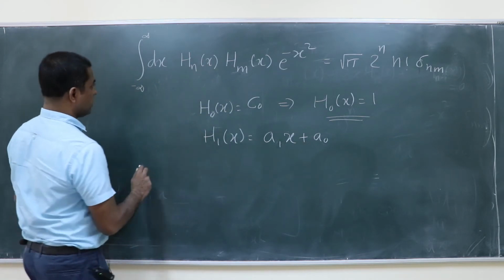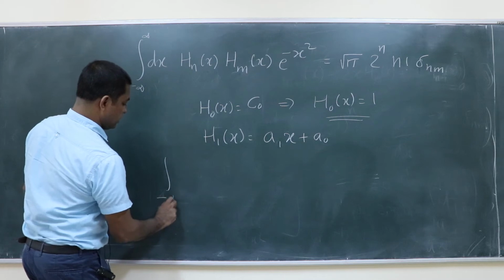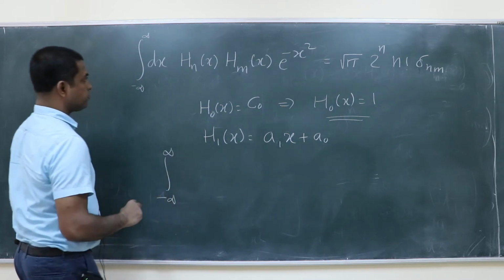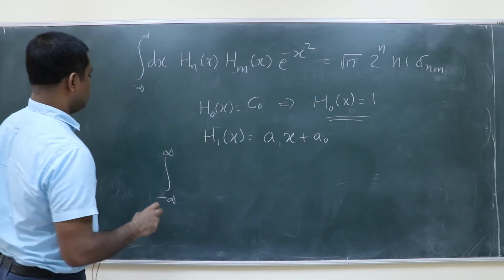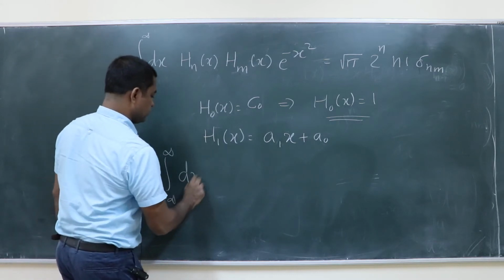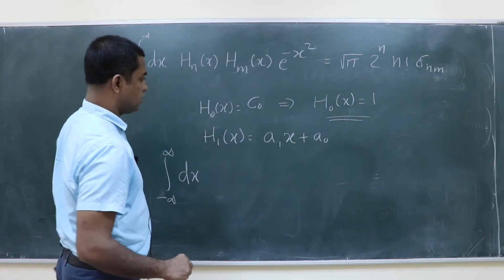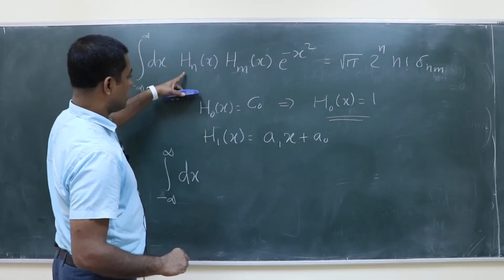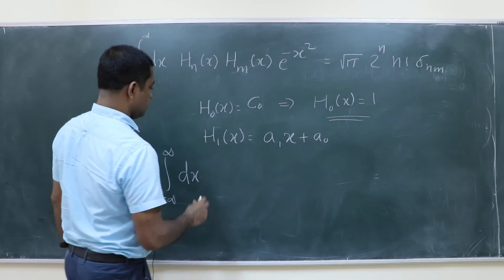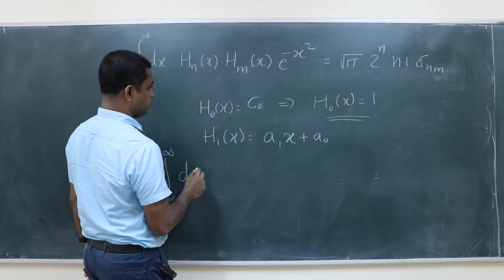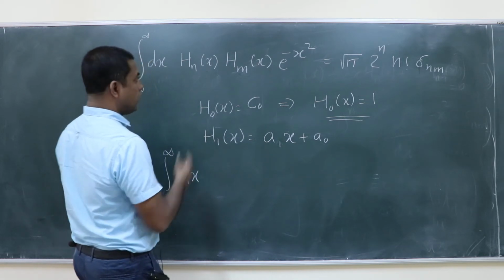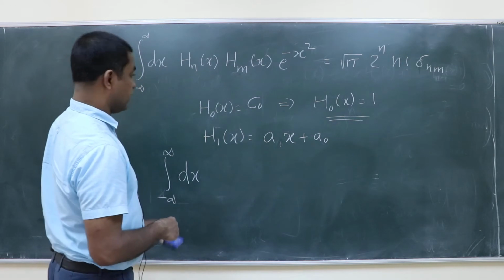So what you are going to get is the integral from minus infinity to infinity dx, basically the square of this, right? Let us do the first orthogonality. Okay, that is better.